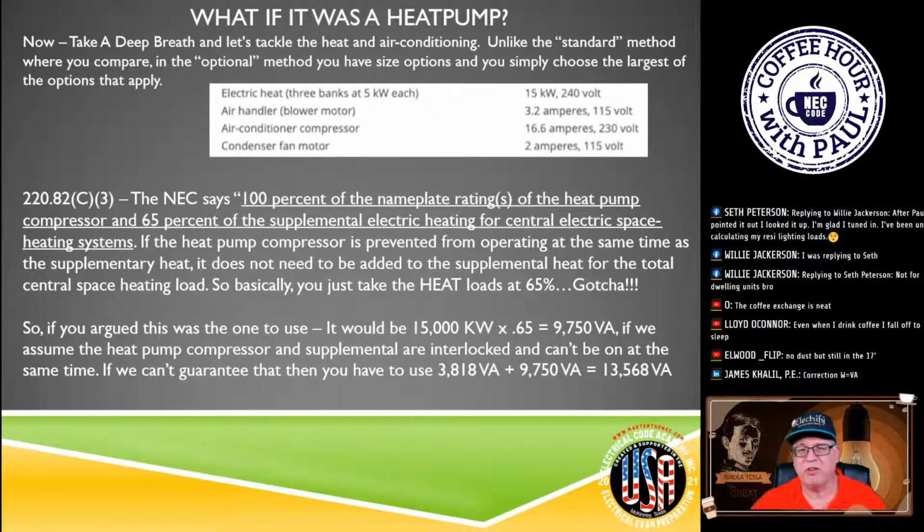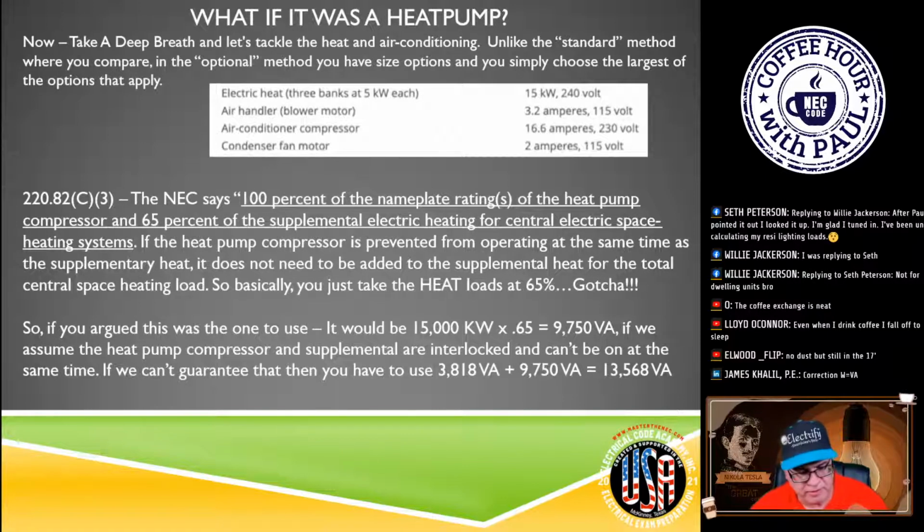Now, of course, I just did this real quickly, but it would be the heat pump value that's posted on the actual nameplate of the heat pump at 100%, right? Nameplate, right? But kind of give you an idea how that would equate. So we're assuming that the heat pump nameplate, again, making some assumptions here, says 3,818 VA or whatever the calculation comes out to. Then it would be 13,568.